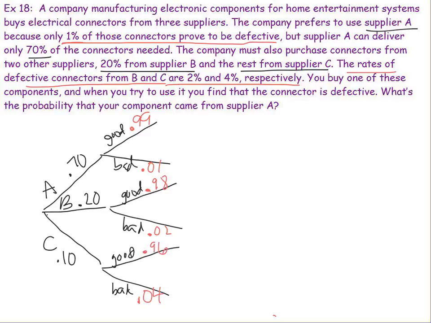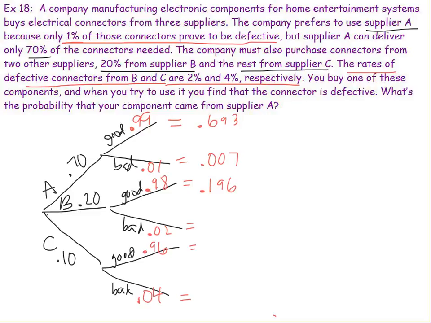So now pick up your calculators. We got to do a whole bunch of multiplying here. We got 6 numbers to find. Supplier A and good ends up being 0.693. Supplier A and bad ends up being 0.007. If you keep multiplying, supplier B and good comes out to be 0.196.